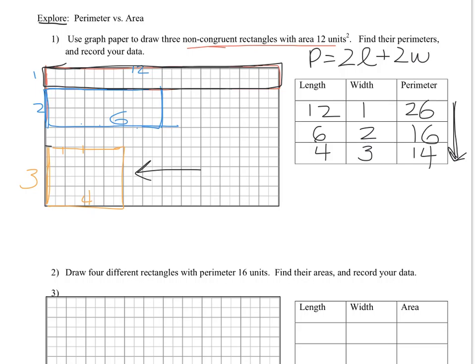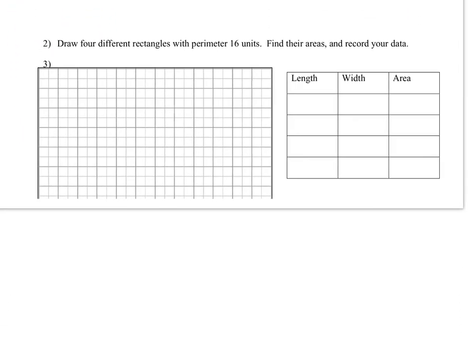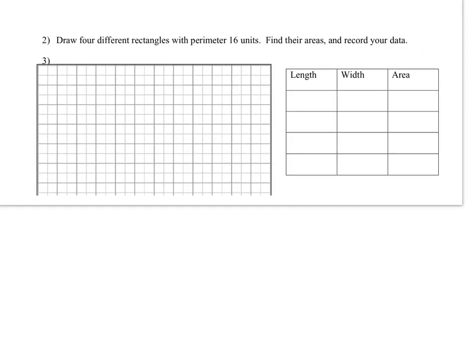Okay, let's go on. Now they want us to draw 4 different rectangles with perimeter being 16 units. So if the perimeter is 16 units, one that I can draw is a 4 by 4 rectangle, which is actually the square. The width is 4, the length is 4, and the perimeter would be 16.